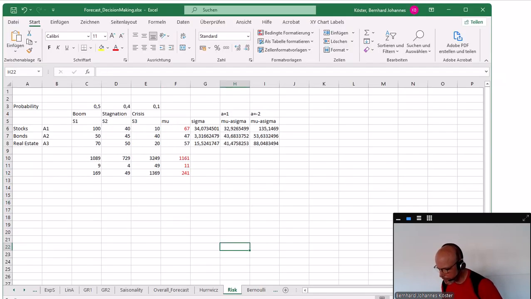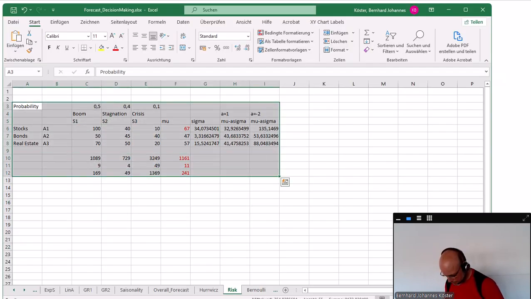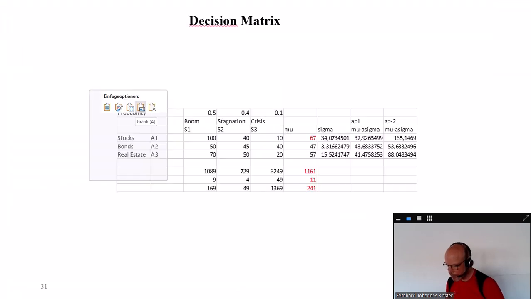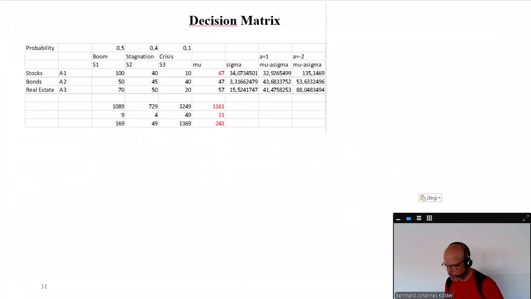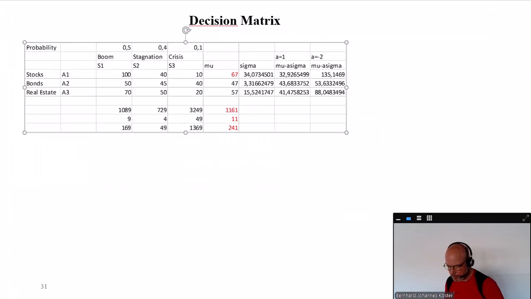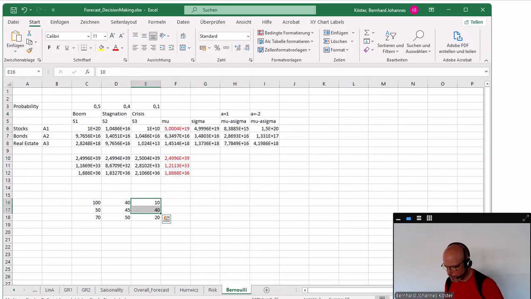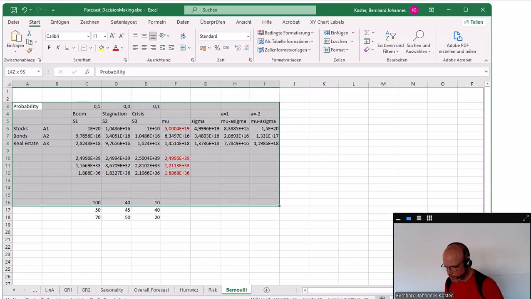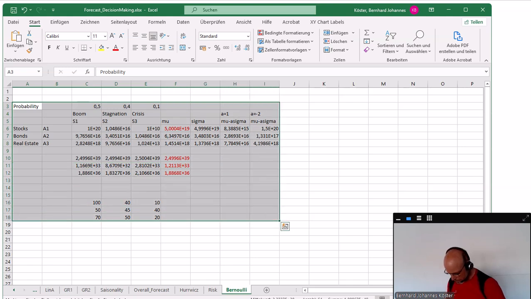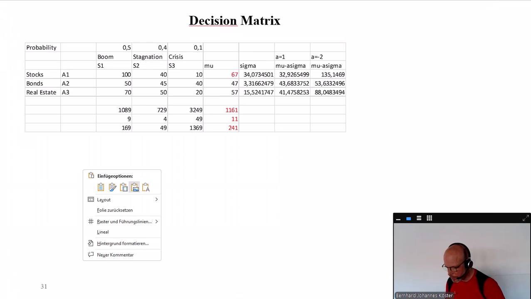But I will put this also in, and this is Bernoulli.